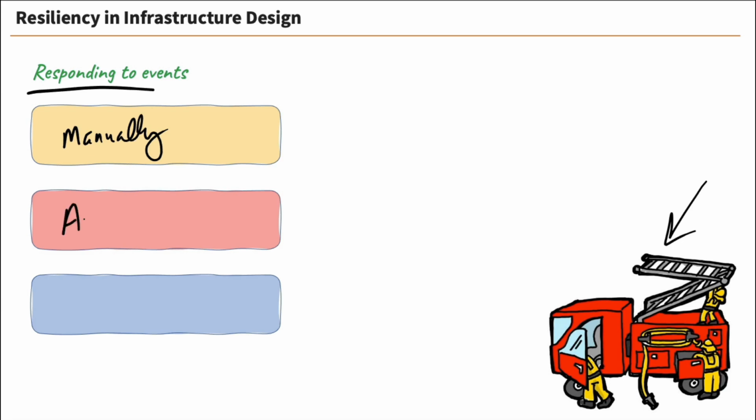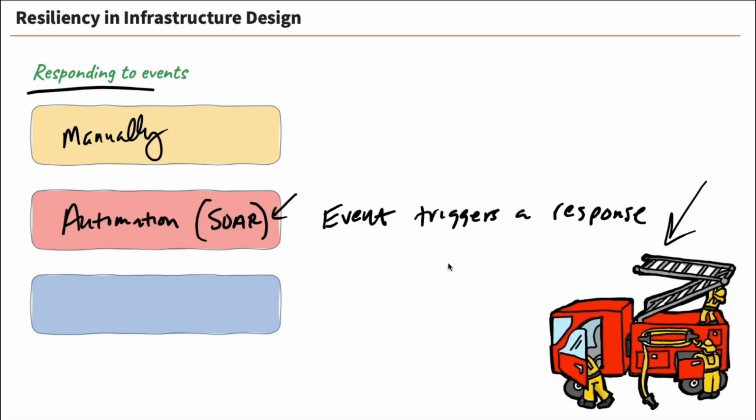Well, sure there is. We can use automation. We talked about automation in our last video. We talked about SOAR in our last video, which was dealing with incident response in an automated fashion. That's an example of some automation there, our SOAR. And that was to automate the response to an event that happens. So the event triggers a response, and the SOAR system went out and ran through the playbooks that we had designed for it.